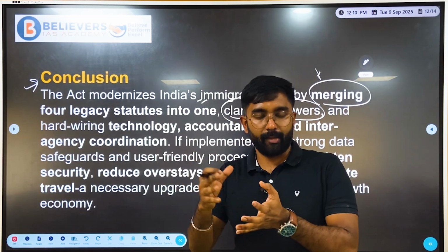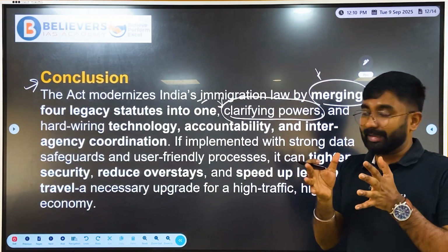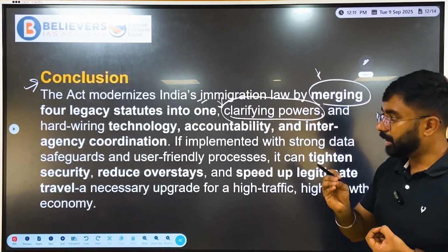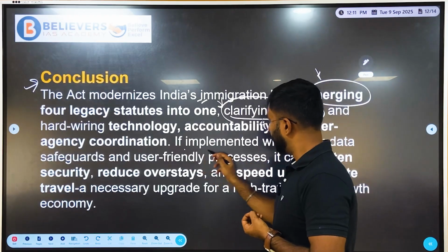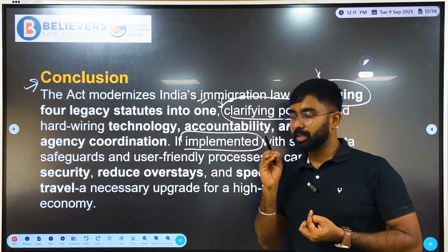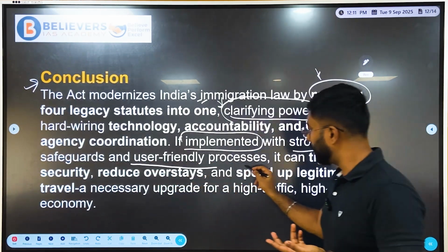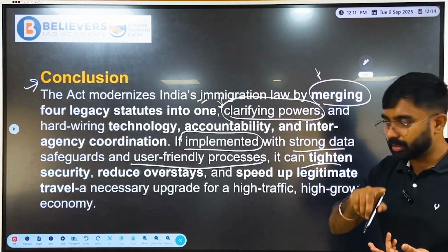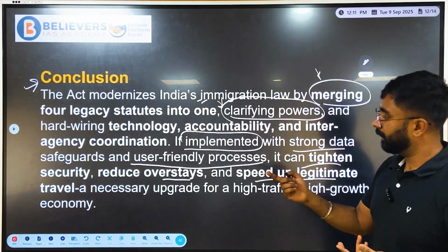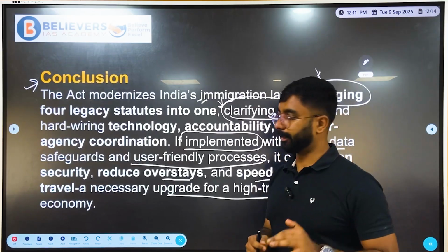All of these things have been consolidated in a manner which is ultimately going to be very good for the country, provided the implementation happens properly, because the implementation is the ultimate key. If implemented with strong data safeguards and user-friendly processes, it can tighten security, reduce overstays, and speed up legitimate travel, which is a necessary upgrade for a high-traffic, high-growth economy like India, right?